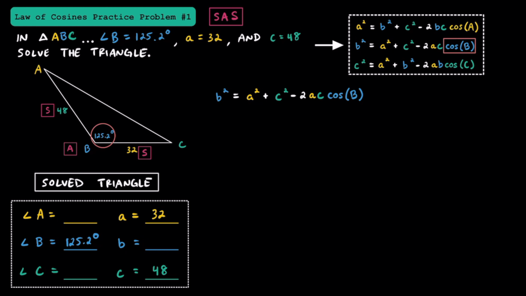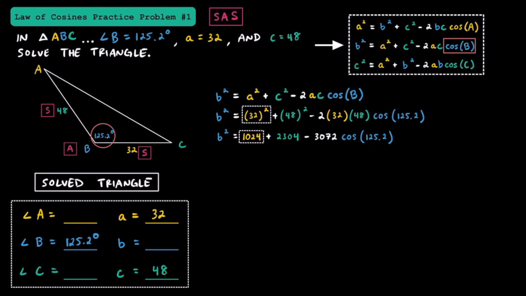So let's start by just writing the law of cosines down, and substituting in the information that we're given, we're going to get b squared is equal to 32 squared plus 48 squared minus 2 times 32 times 48 times cosine of 125.2. 32 squared is 1024, 48 squared is 2304, and 2 times 32 times 48 is equal to 3072.